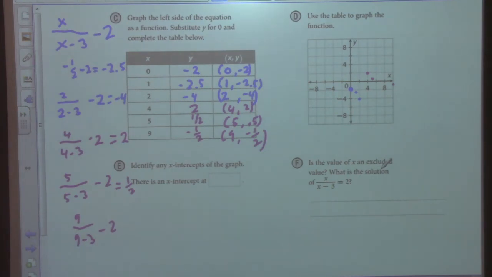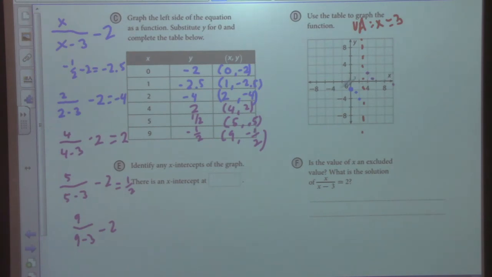And I don't know how clear it is to you now, but your excluded value is 3, right? So this is going to be your vertical asymptote. Vertical asymptote is going to be x equals 3. And your horizontal asymptote is going to be probably 1.